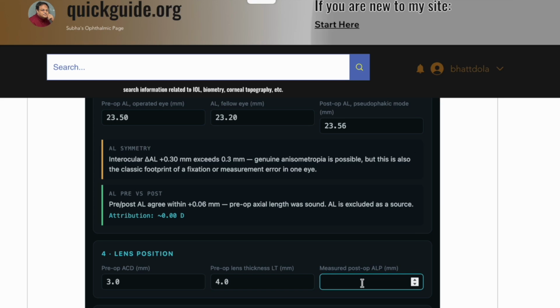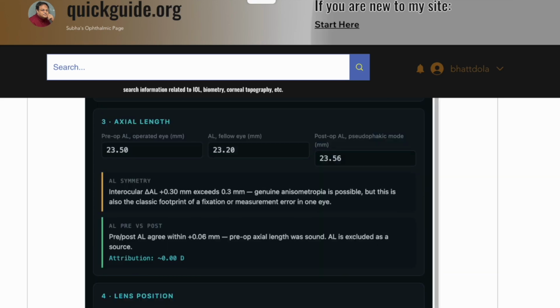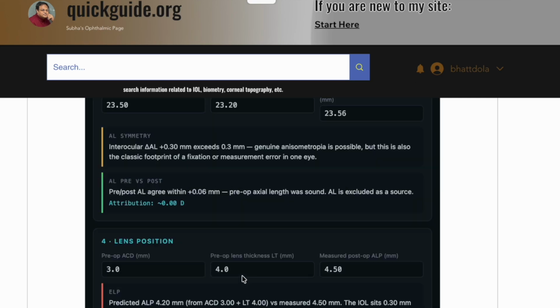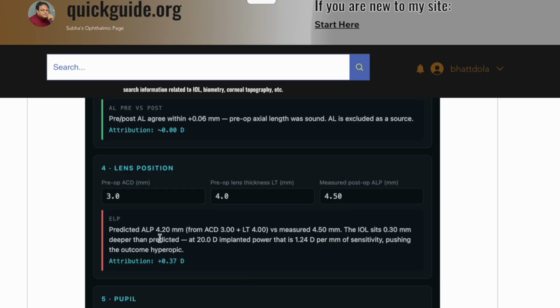And say, for example, this is 4.50, and then it says that the predicted ALP is 4.20. With this preoperative ACD and your preoperative lens thickness, your predicted ALP is 4.20.